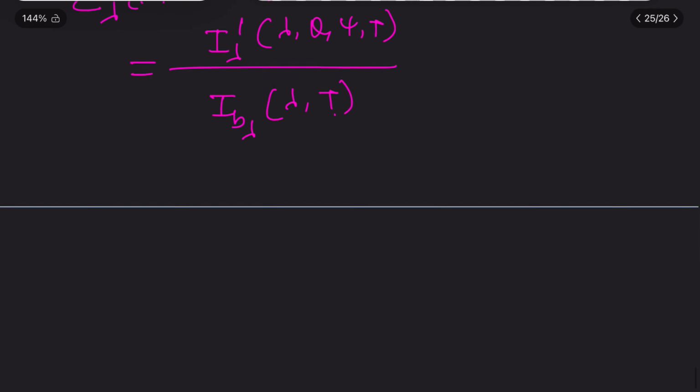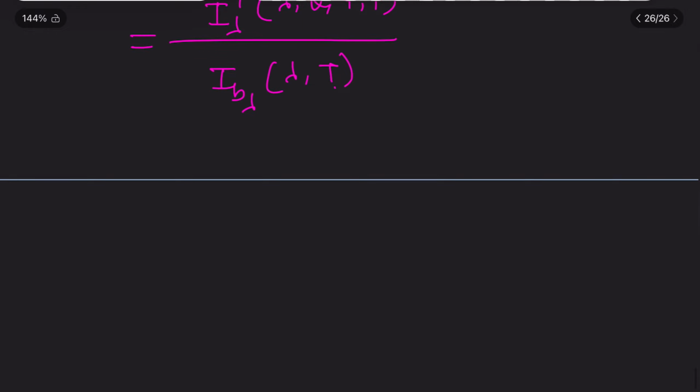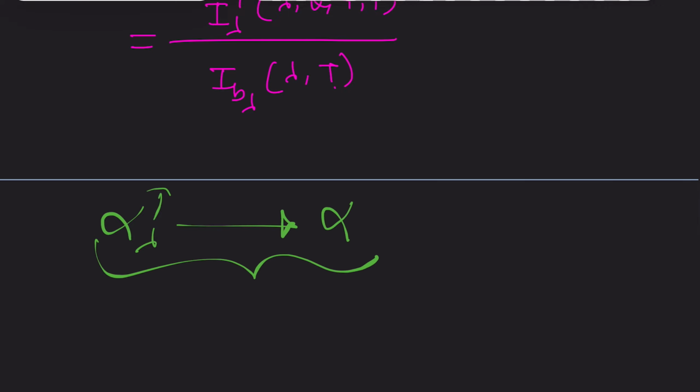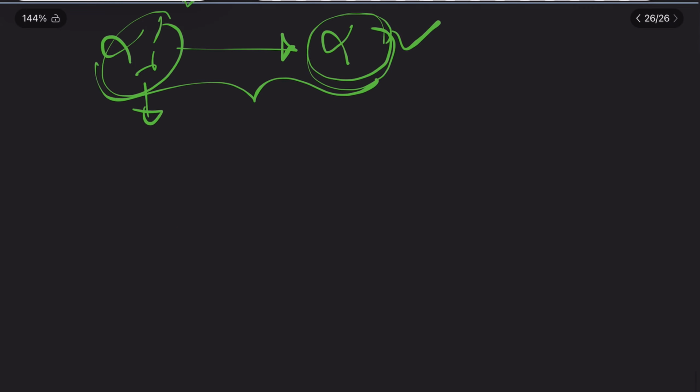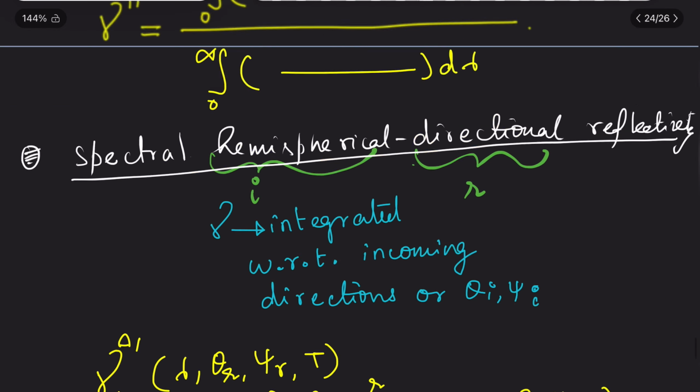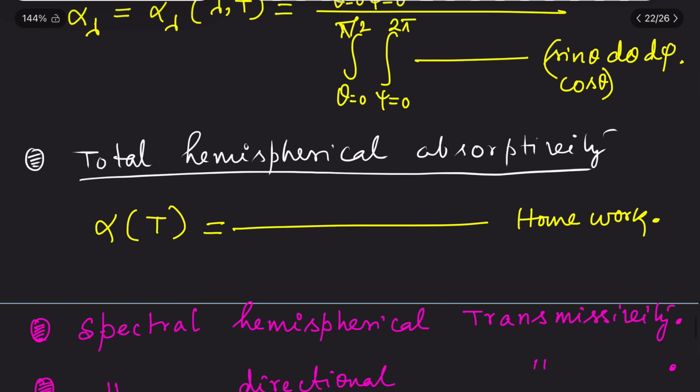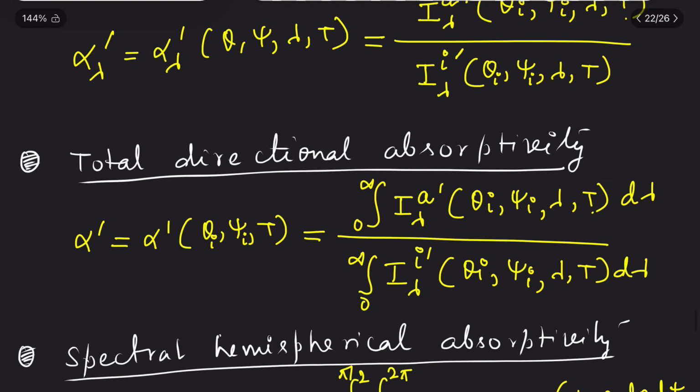Now, having similar concepts, if this is given, can you find alpha? That is, this is the spectral directional absorptivity, and this is the total hemispherical absorptivity. I will solve these problems separately. What I am trying to say is, if you go back, this is the absorptivity thing.